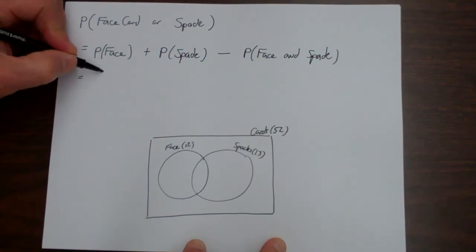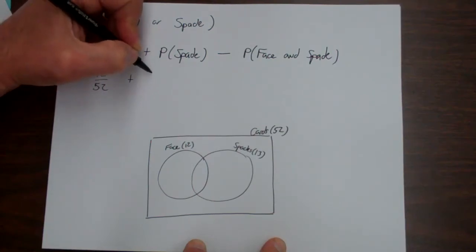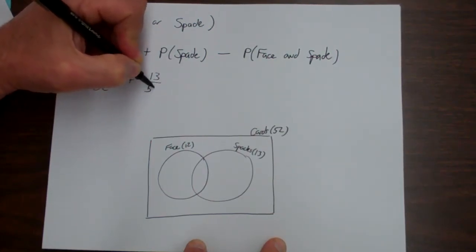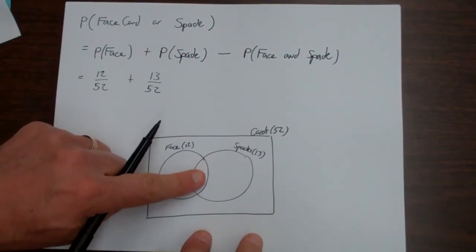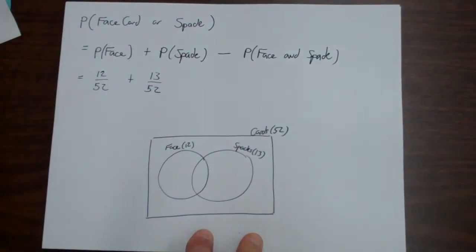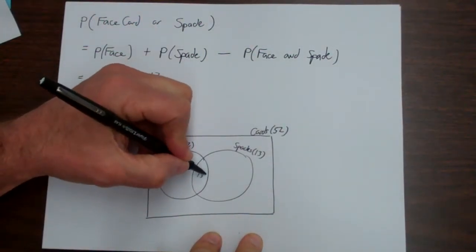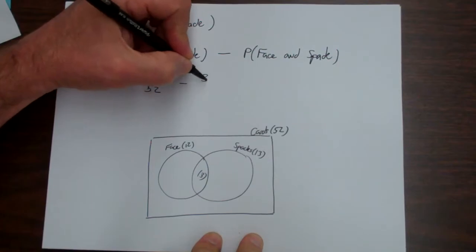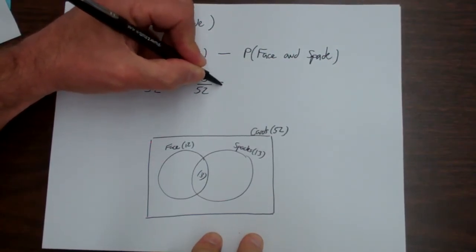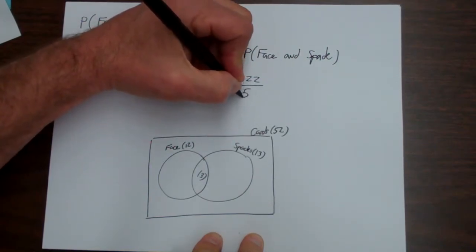That would be 12 divided by 52 plus 13 divided by 52. But the problem is there's an overlapping group here, which are face cards that are spades, and there are three of those. There's the jack of spades, the queen of spades, and the king of spades. So there are three overlapping elements there, so you have to subtract out 3 out of 52. That's 22 out of 52, your probability.